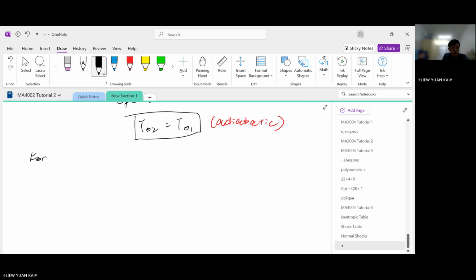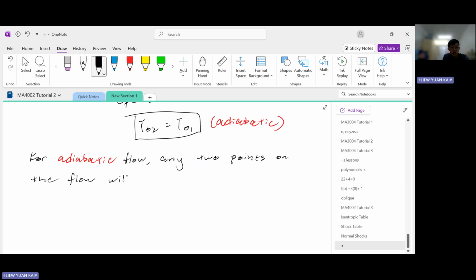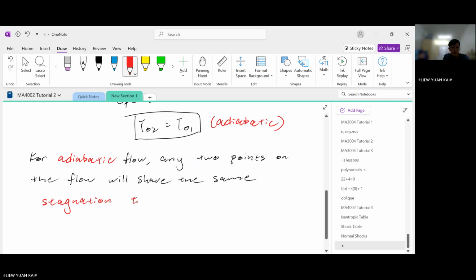For adiabatic flow, any 2 points on the flow will share the same stagnation temperature.